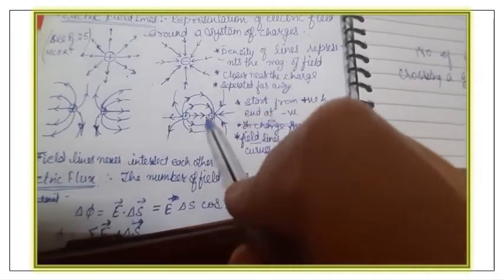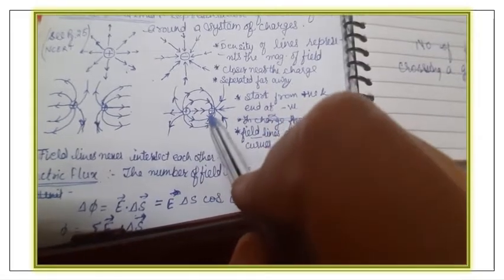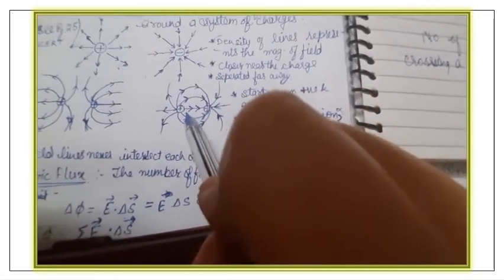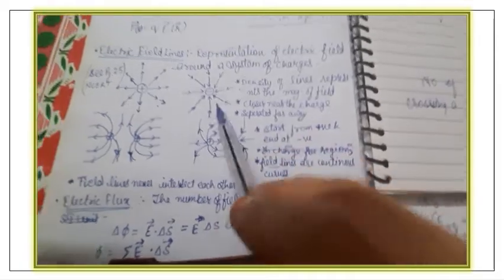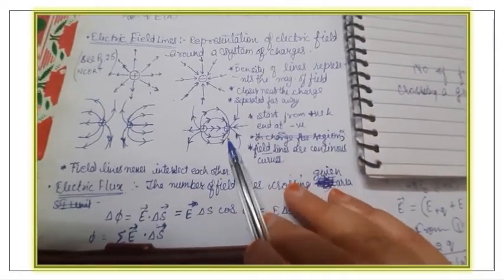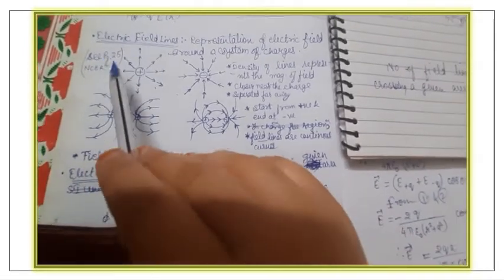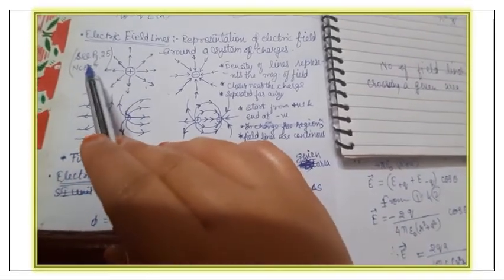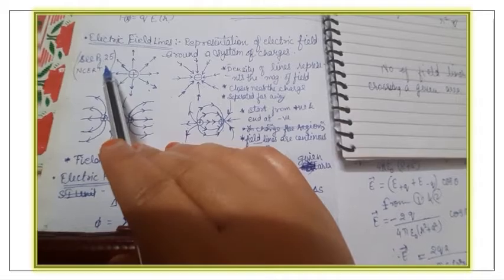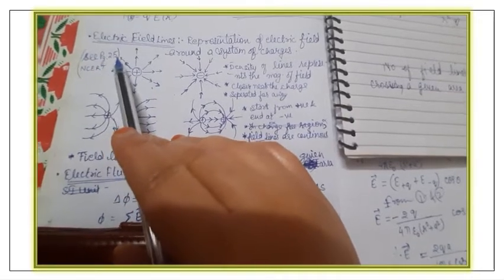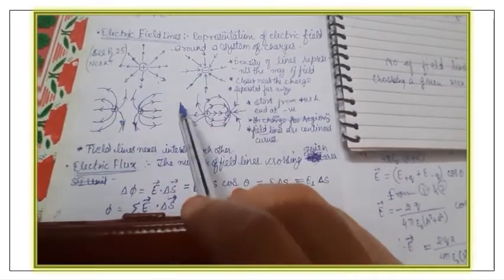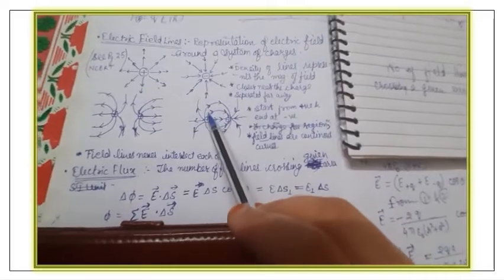While in case of a system of one positive and one negative charge, the electric field lines are a different pattern as shown here. All these patterns you can get on your NCERT page 25. You have already been forwarded the PDF. You will get all these field patterns that you have to draw in your notebook also.